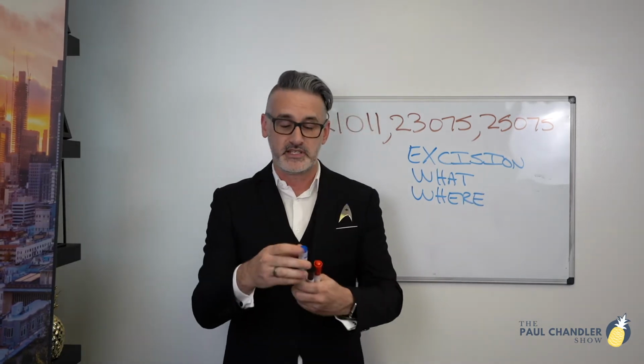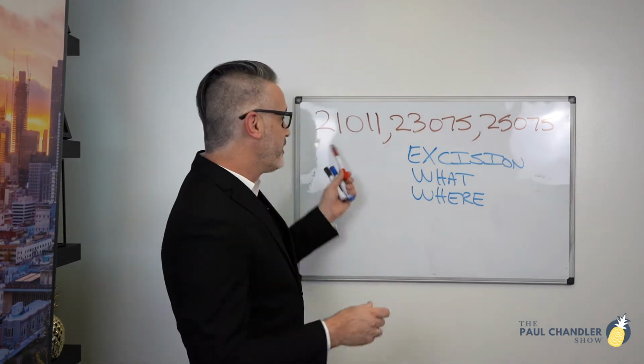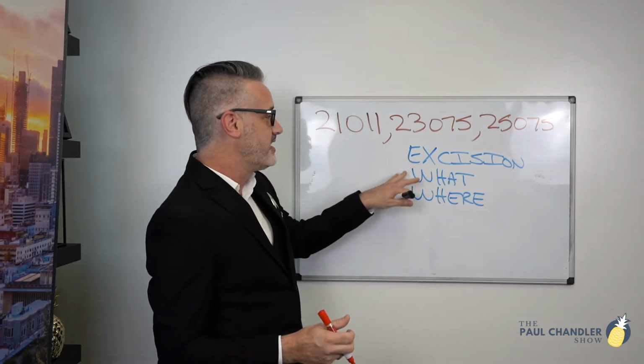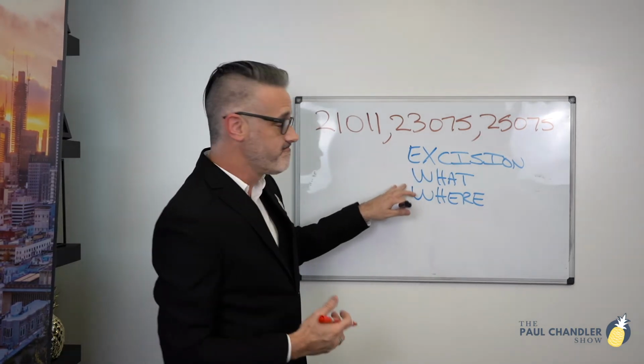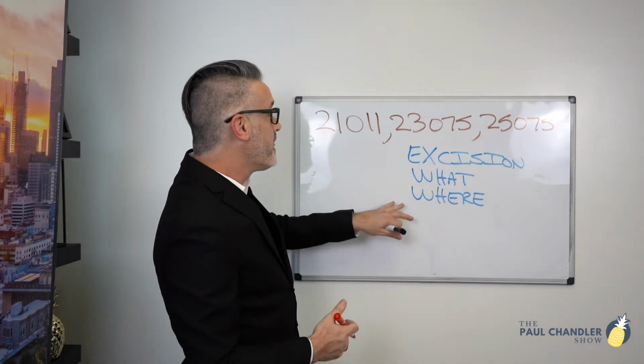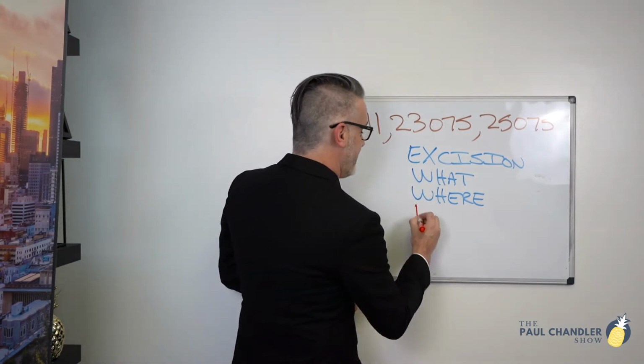Now it becomes the difference, as these 2 variables are not in every excision code. But going back to our first code again, 21011. So far we have excision, comma, what are we cutting out? A tumor. Comma, where are we cutting it out at? Soft tissue of face and scalp. But then 21011, comma, subcutaneous. So then we have the depth.